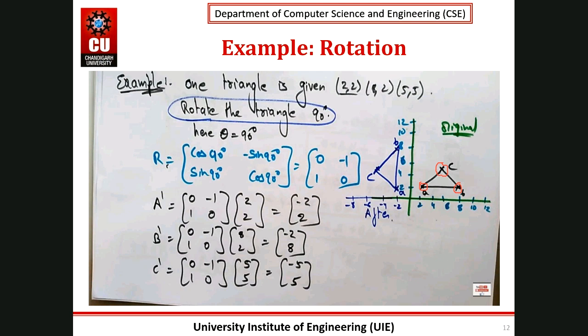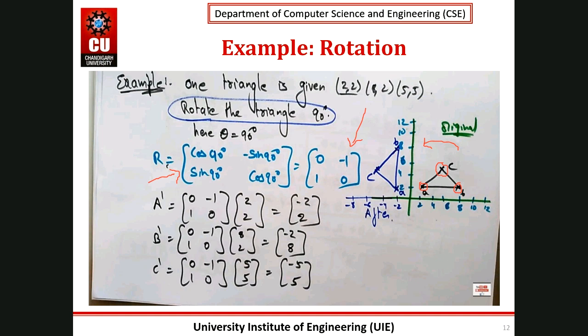90 degrees. Now I hope you remember the rotation matrix for the anti-clockwise direction, that is cos theta, minus sin theta, cos theta. The theta value given to us is 90 degrees, so just put in the values and calculate the rotation matrix. Cos 90 is 0 and sin 90 is 1.